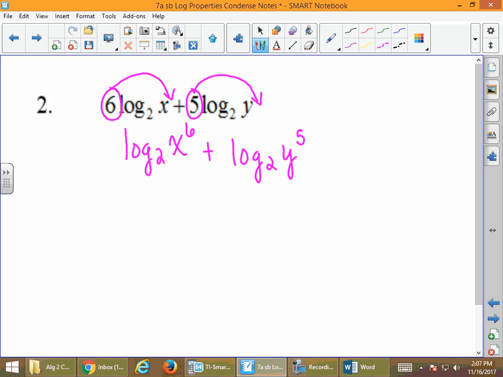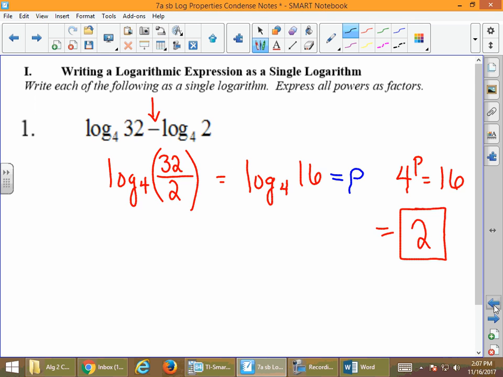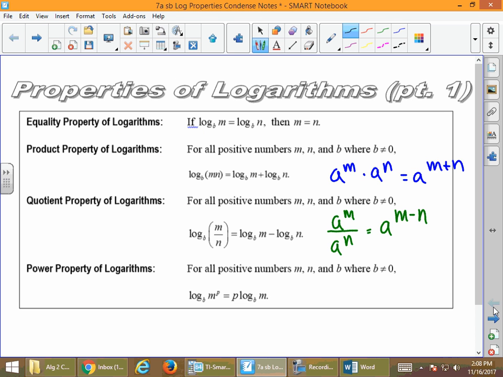And our goal, we want to write this as a single logarithm. Well, what does plus tell us to do? You can look at the top of your paper there, and what you see with regard to the addition is it's the second one. It's the product property of logarithms.